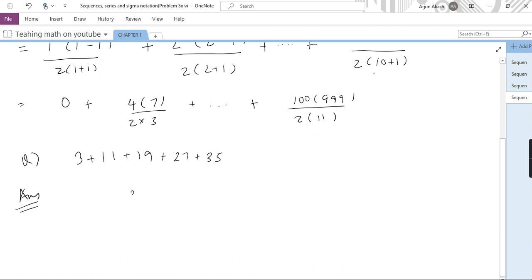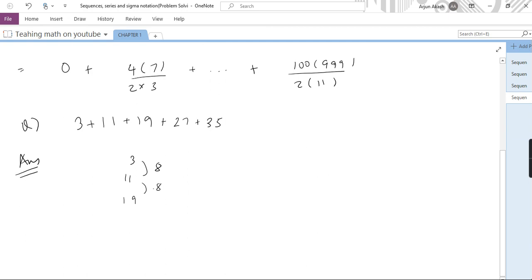So the first number is 3, the second number is 11, right? So here we just add on 8, the difference is 8. Next number, the difference is 8. So it becomes quite evident that the difference between consecutive numbers is 8, right? 27, the difference is still 8.